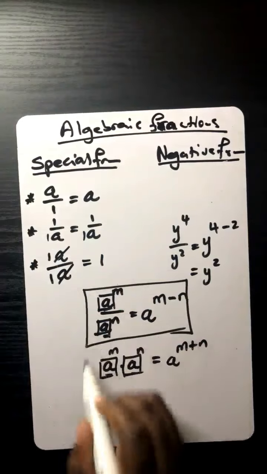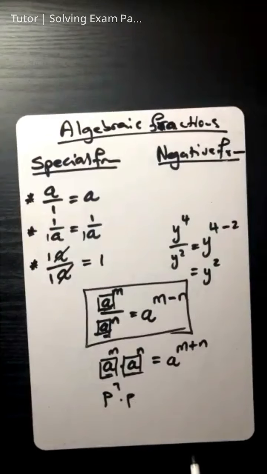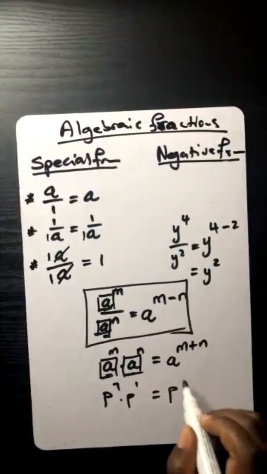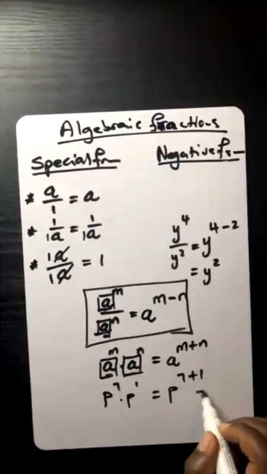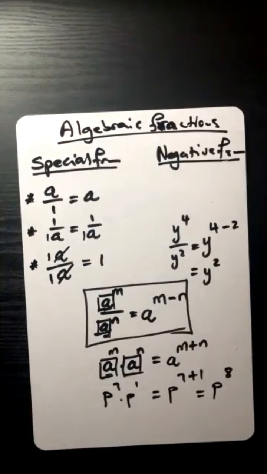For this one, you've got p to the exponent 7 multiplied by just p. You know there's an invisible 1 there, so this is p to the exponent 7 plus 1, which equals p to the exponent 8. So guys, that part that I've explained, does it make sense?